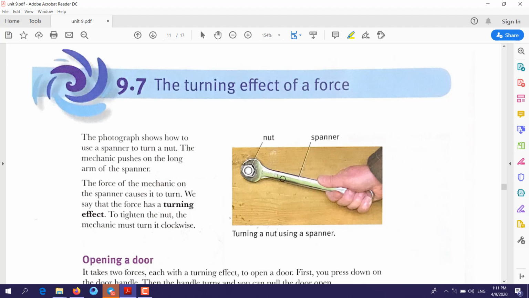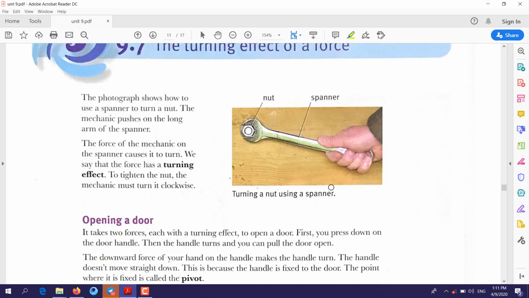If you apply force on this spanner, it makes the nut turn. We call this the turning effect. Again, the turning effect is the effect of a force that makes objects turn.